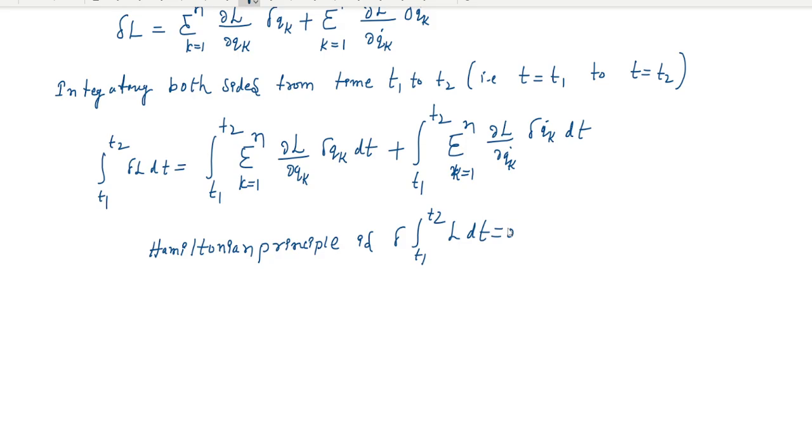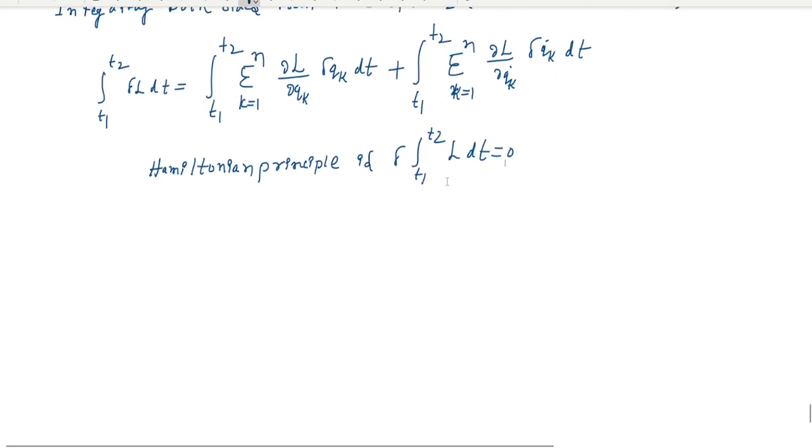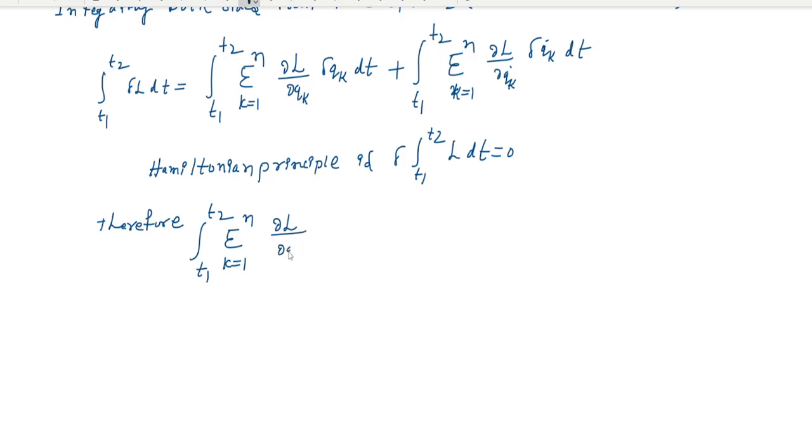Therefore, we can write down this equation: integral t1 to t2 summation k equal to 1 to n, partial derivative of L divided by partial derivative of qk, partial derivative of qk into dt, plus integral t1 to t2 summation k equal to 1 to n, partial derivative of L divided by partial derivative of velocities, delta qk dot into dt, equal to 0.